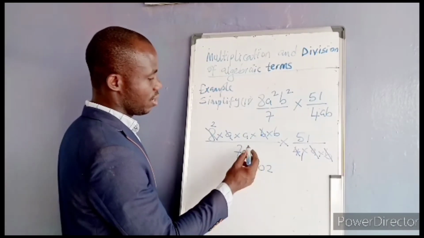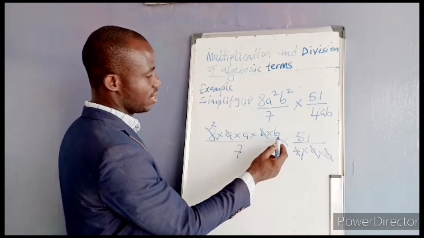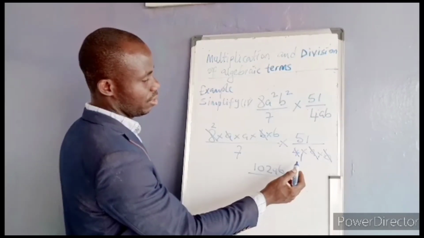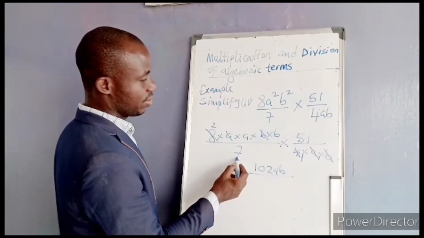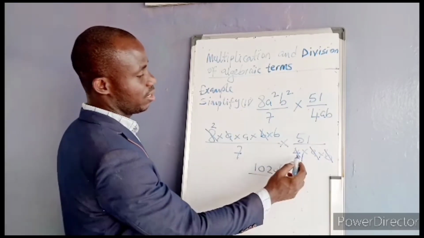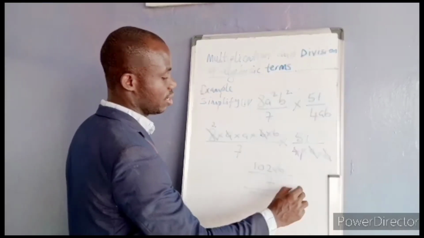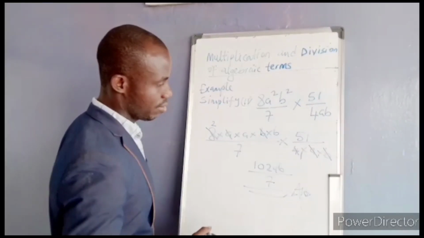Then the letters, we have a times b, which is ab. All over, is there anything down? Over 7, because 7 is here and nothing else is. So this is our answer. Is that clear?